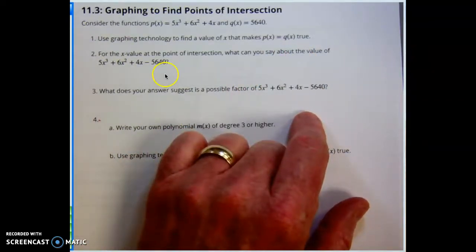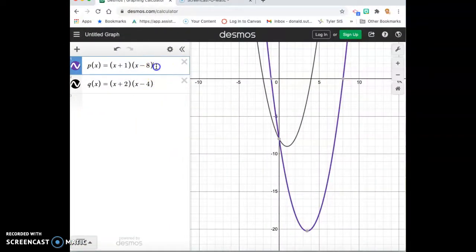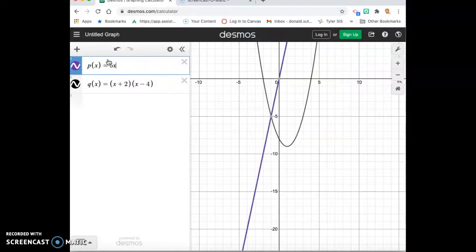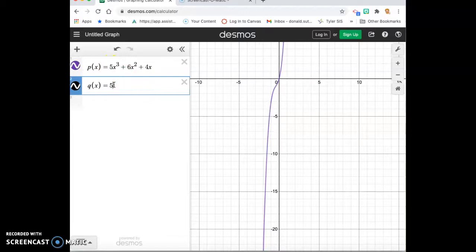So I'm going to go graph this. I have 5x to the third power plus 6x to the second plus 4x. And then I have 5,640.